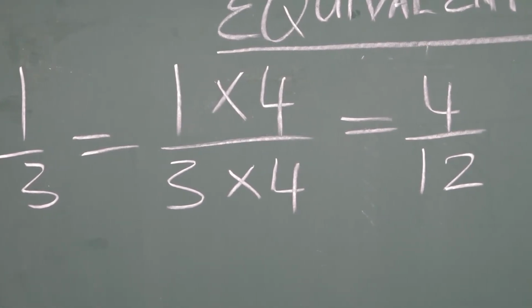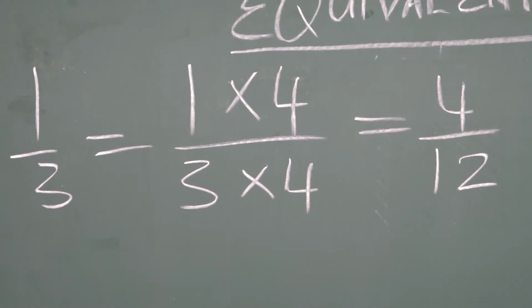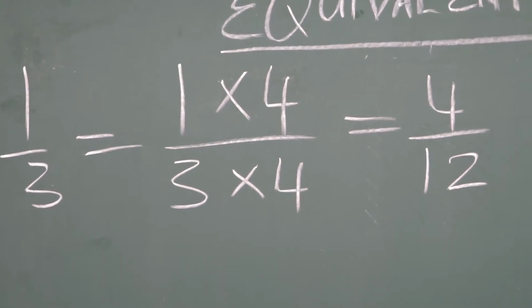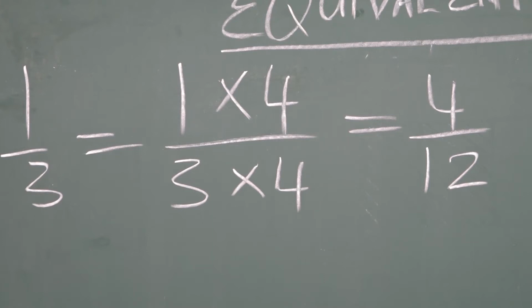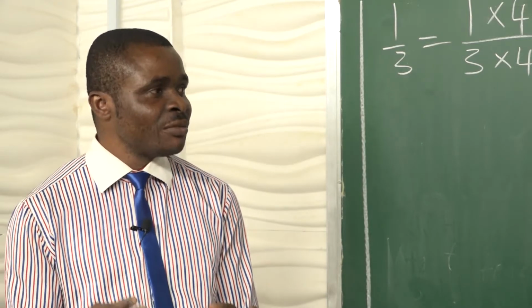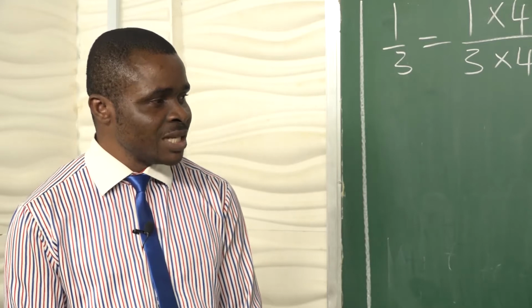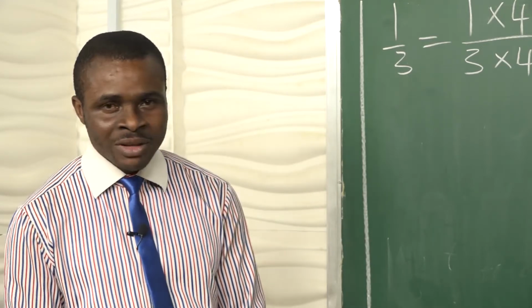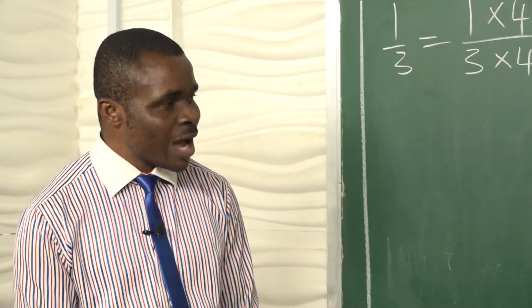And when you multiply 3 by 4, your result is 12. Now you have the fraction 4 over 12. If you reduce 4 over 12 to the lowest term, you are expected to have 1 over 3. That means these three fractions, 2 over 6, 3 over 9, and 4 over 12, are equivalent to 1 over 3.